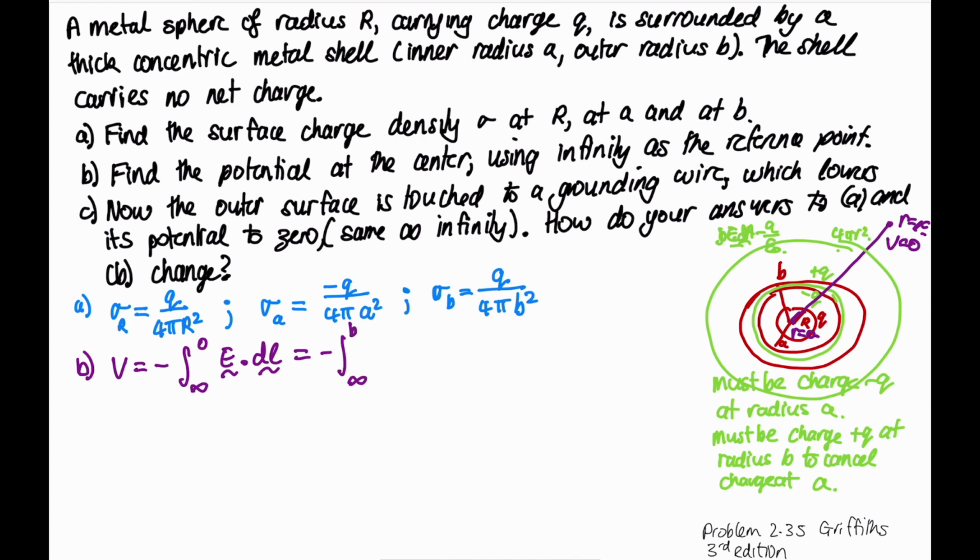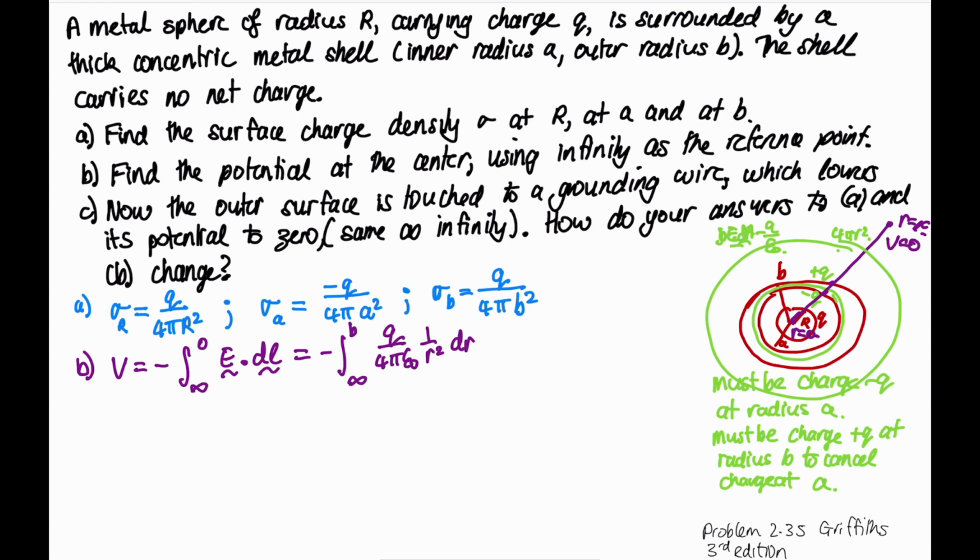So hopefully you can see that the electric field in this region is going to be given by q over 4 pi epsilon naught times 1 on r squared dr.